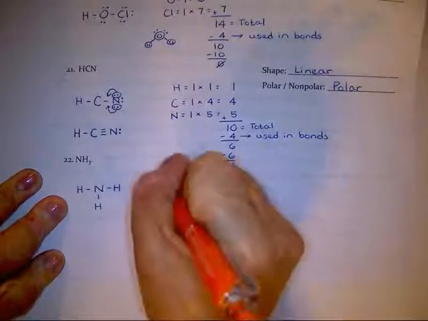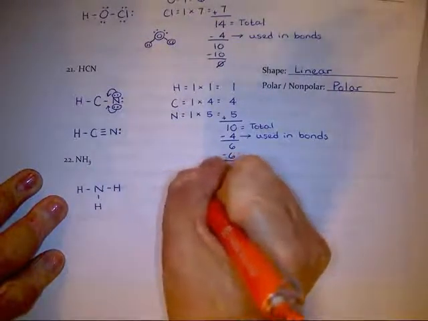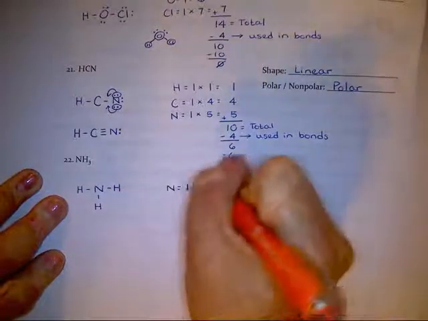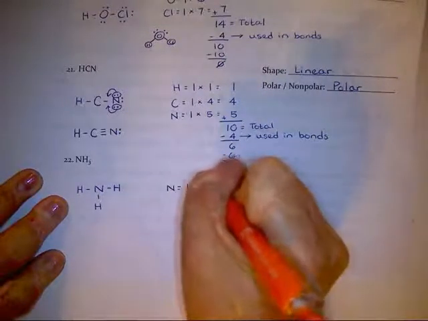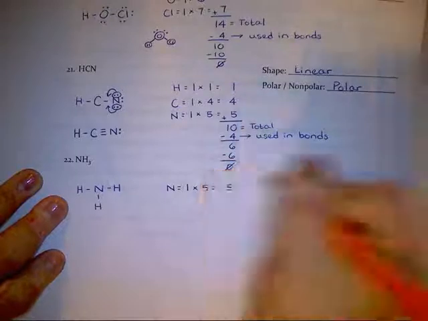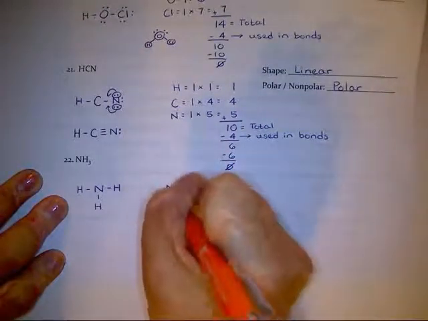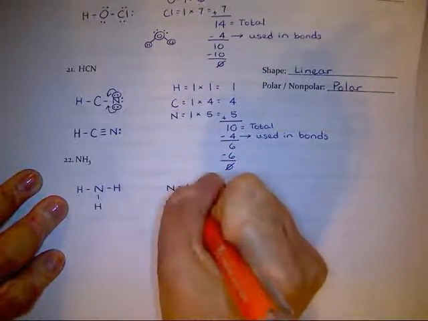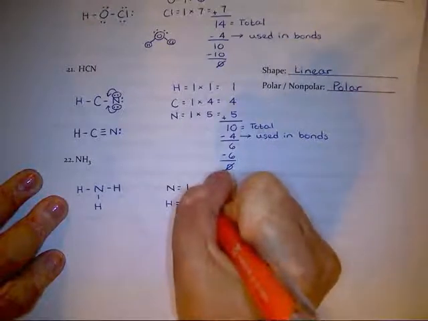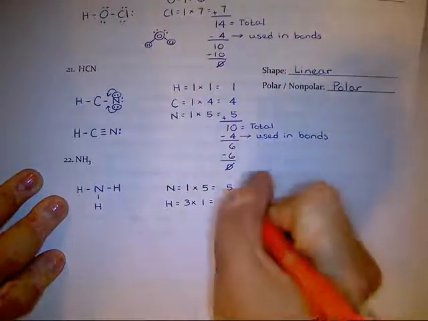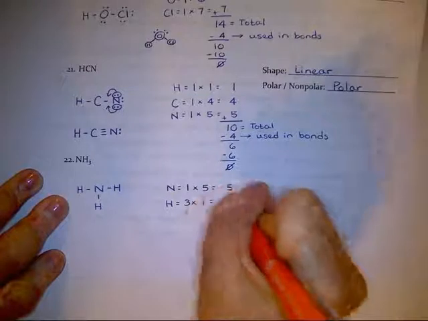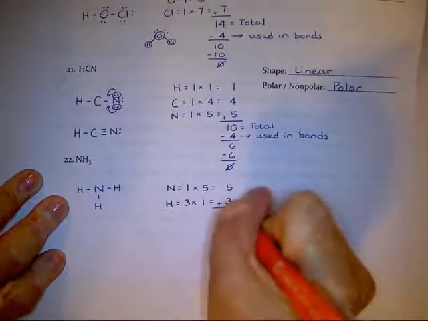Okay, N, I have 1, and N contributes 5 valence electrons, so 1 times 5 is 5. Alright, for the H's, I have 3 of them, and they each contribute 1 valence electron, so 3 times 1 is 3. 5 plus 3 gives you 8. That's the total.